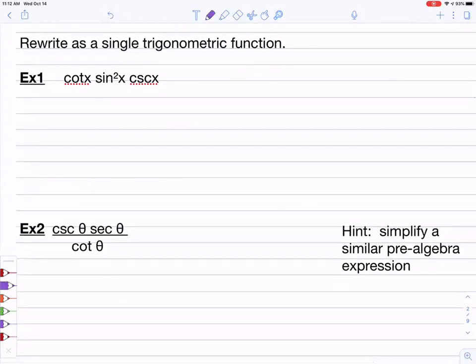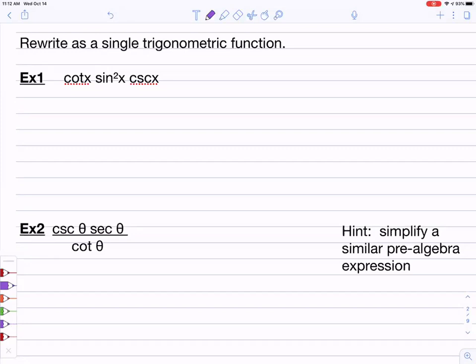All right, so what we're going to do is use all of that stuff that we've been using for years and years: substitution, adding and subtracting, multiplying, dividing, etc., to rewrite some trigonometric statements. Now, we're just going to change our trigonometric statement here.